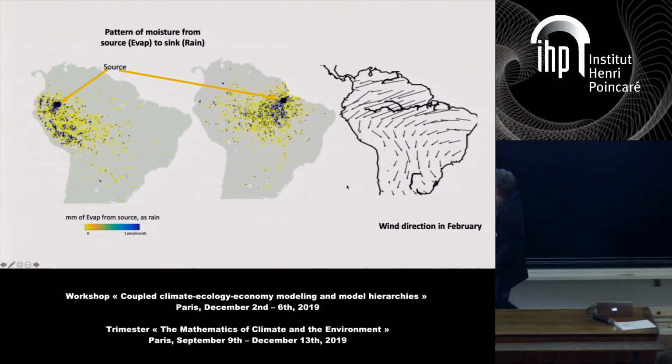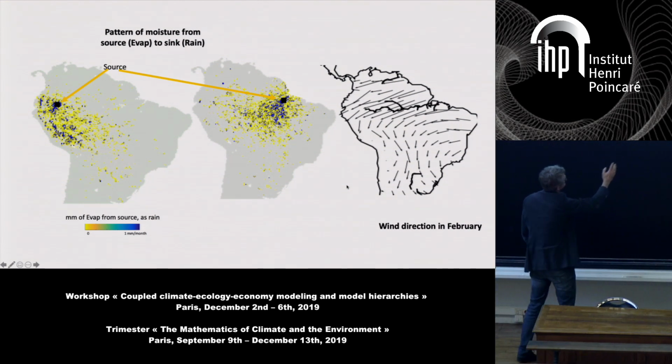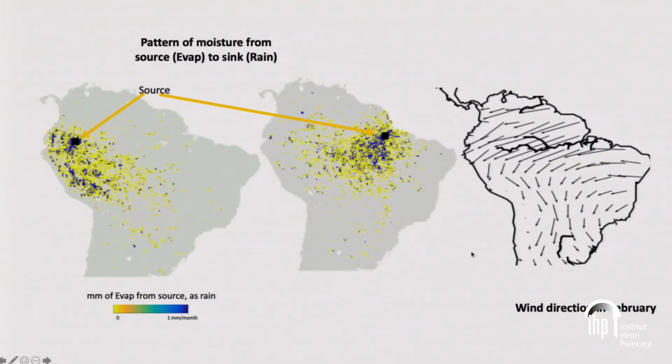If we go more to the west of the Amazon, then it moves more to the southeast. So in a way, it is more or less the same as this wind direction field. We do this in a quarter degree resolution, and that's how we have tried to understand the role of the moisture recycling, or at least the transport of that.